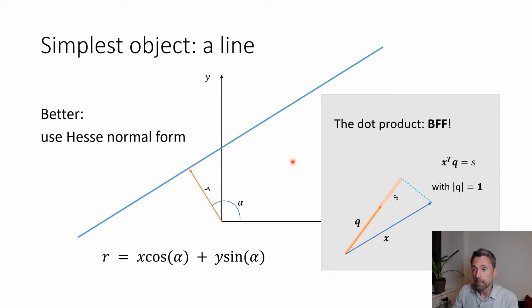And by taking the dot product, we obtain a number, and if that number is r, then this position in the image is a valid solution for the line equation, right? So could be this vector here, could be that vector here, but it has to have the same projection length r. Okay.